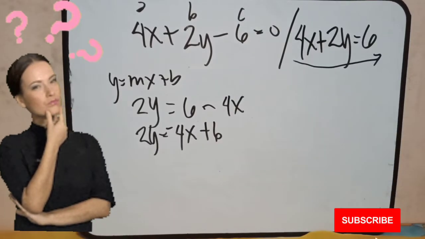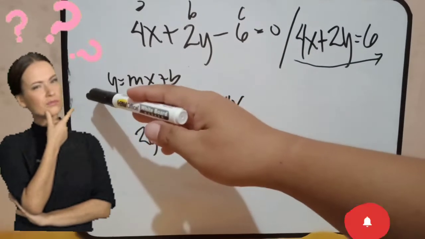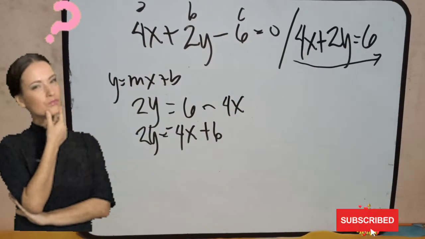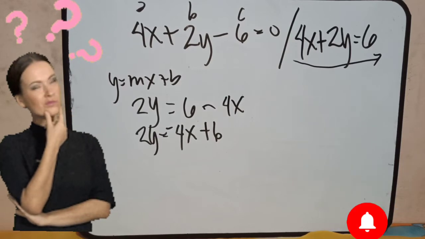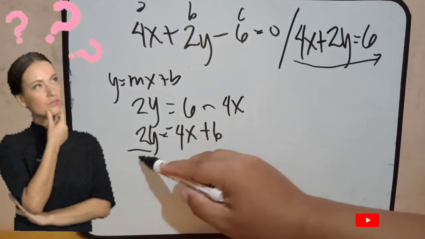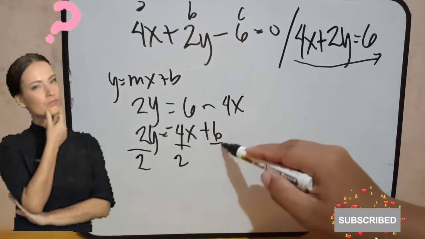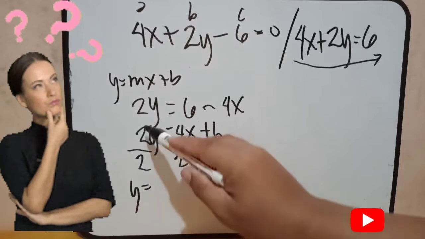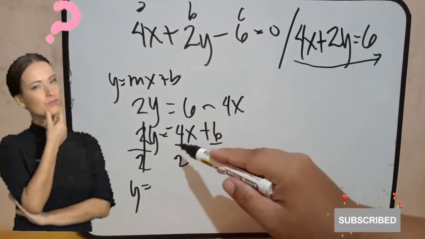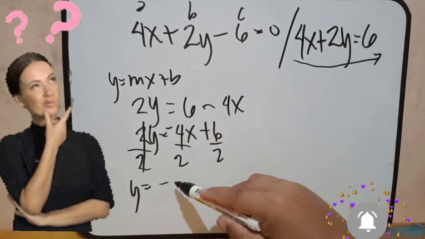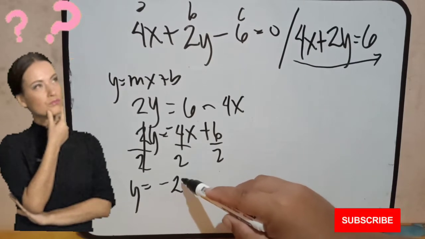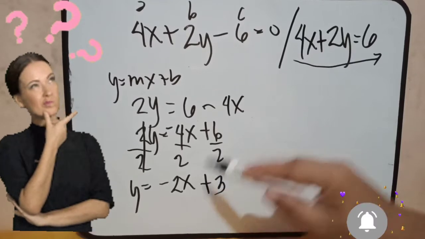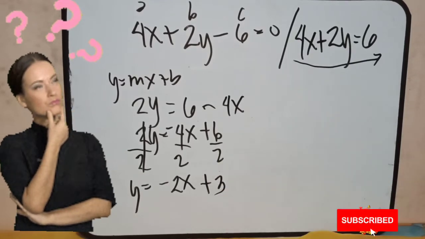Since it is a single y with no number beside it, you have to divide by itself, so divide by 2 throughout. Therefore y is equal to negative 4x divided by 2, that is negative 2x, plus 3.